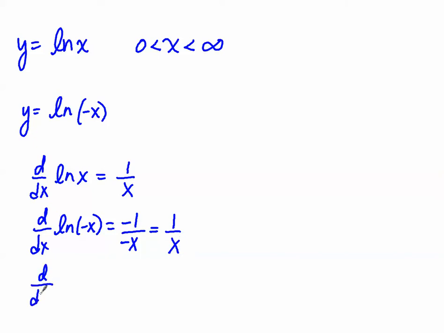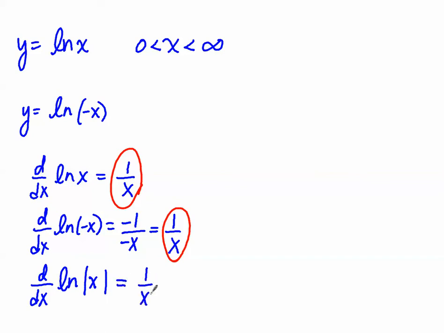Ultimately, when we get to antiderivatives, we want to know, well, what happens when we see 1 over x? Which one is it? Well, because it could be both of them is part of the reason we're going to include them both in the absolute value. So we say the derivative of the natural log of the absolute value of x is 1 over x.